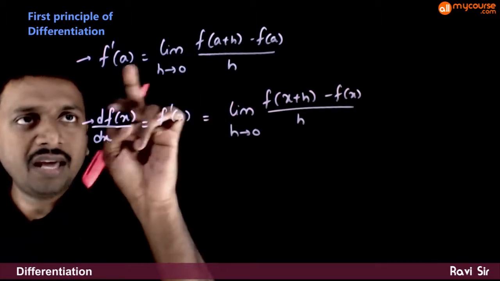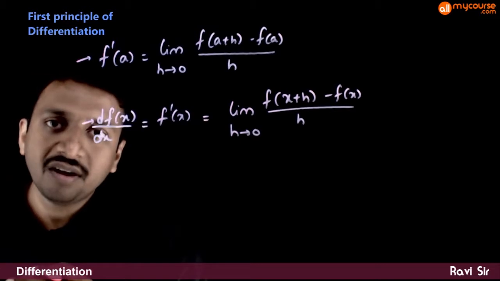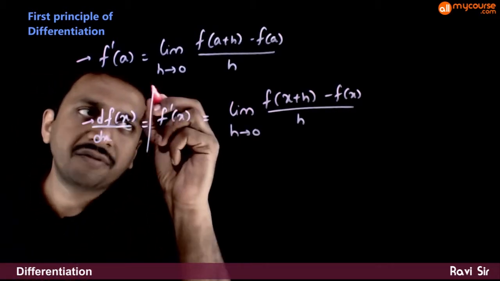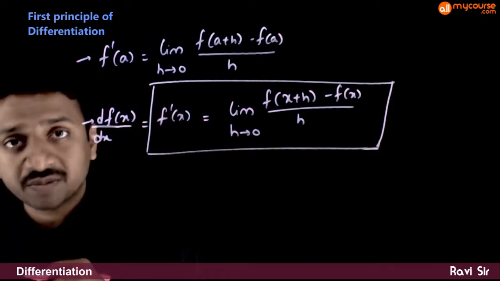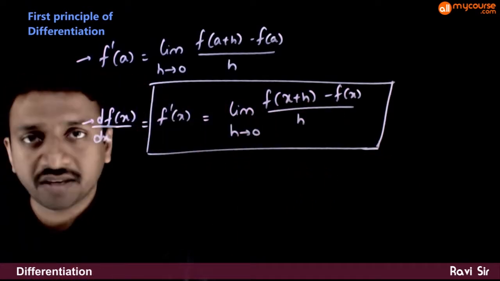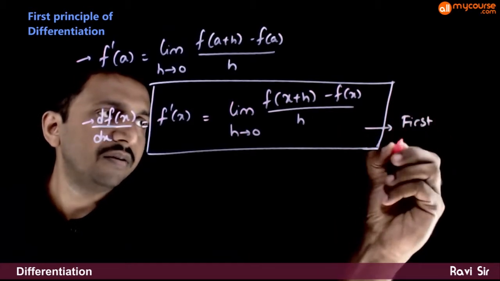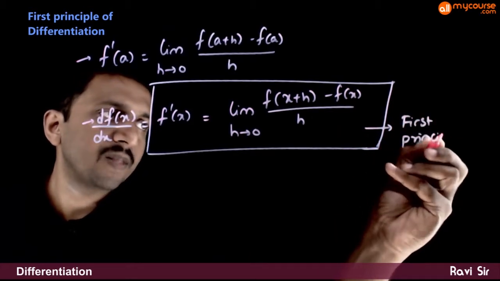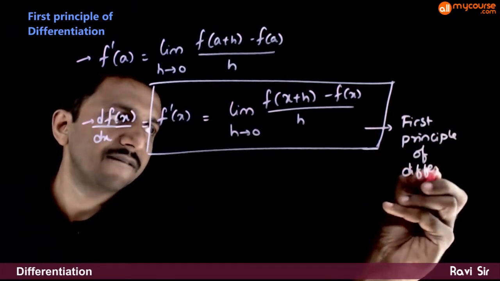So instead of a, you just need to put x. That gives you a general differentiation function. So f dash of x is equal to limit h tends to 0 f of x plus h minus f of x by h. So this is called the first principle of differentiation.